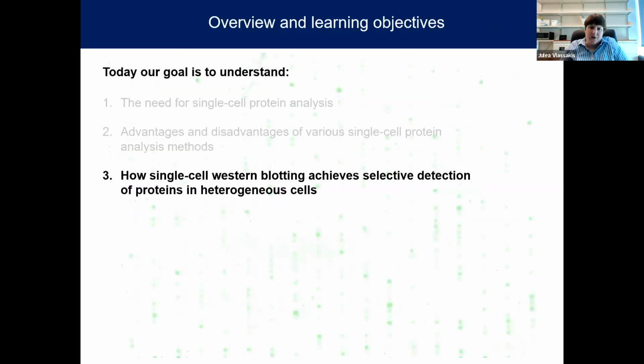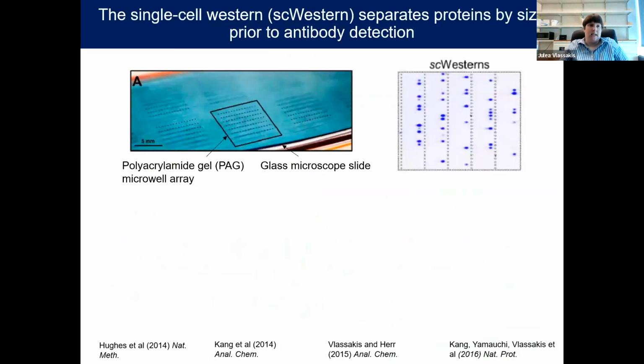And so that brings us to this single cell Western blotting type techniques for selective detection of proteins in heterogeneous cells. Okay, so for those of you, likely you're familiar with Western blotting. Essentially, this is a workhorse biochemistry technique for separating proteins by their molecular weight in a separation gel, and then transferring those proteins from the gel to a membrane that can be stained with antibodies.